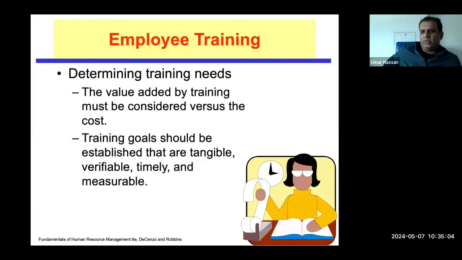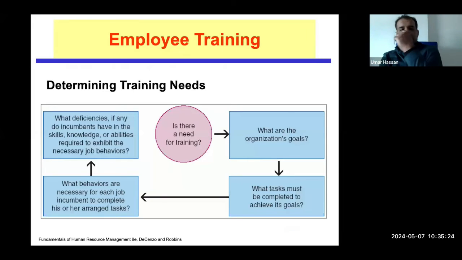On a scale of 1 to 10, what is going to be the result of the employee after getting this specific training? Will they be able to become an 8 out of 10 kind of leader? If yes, then we should invest money on that. Otherwise, that activity may not be fruitful.